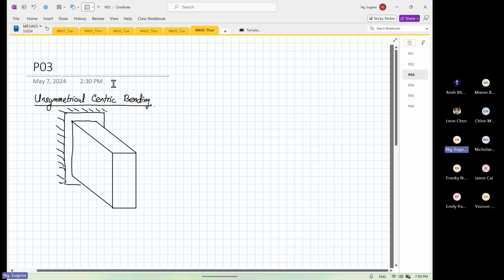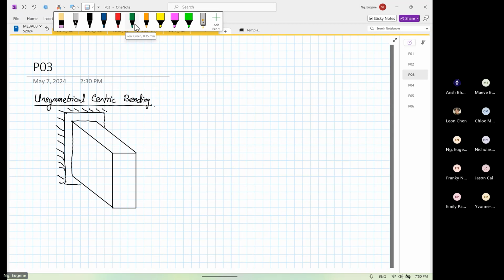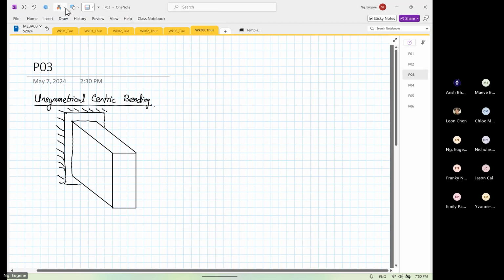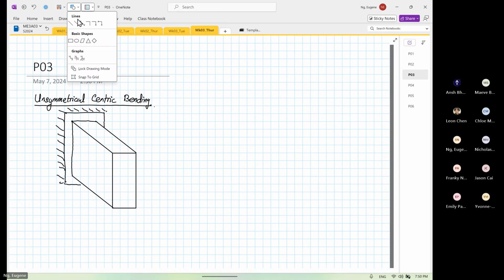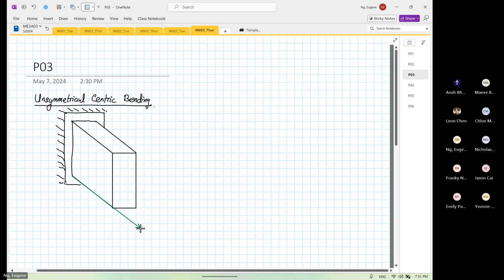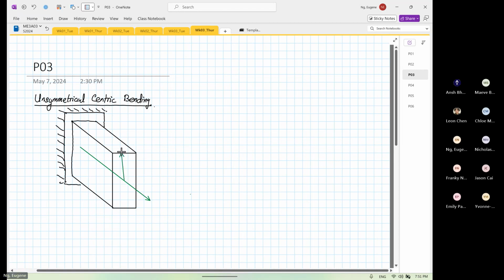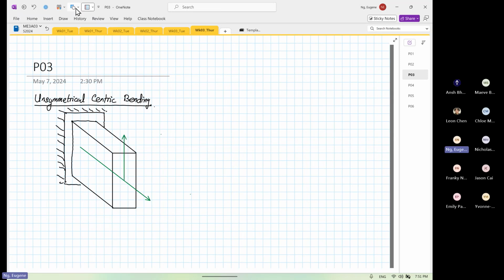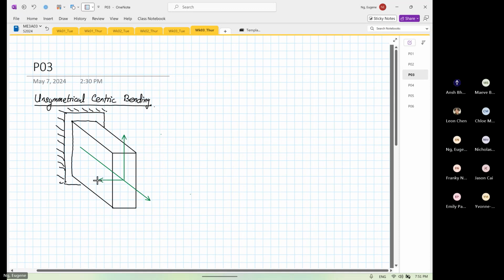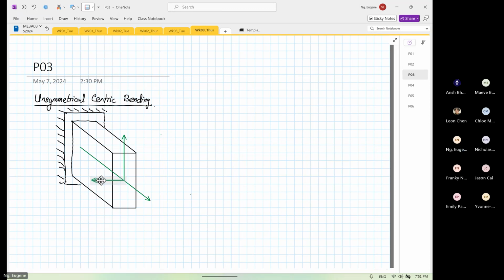Then I'm going to draw our axes. This direction over here is our X, and like before, this is our Y, and one more, that is our Z. So this is our X, our Y, our Z.